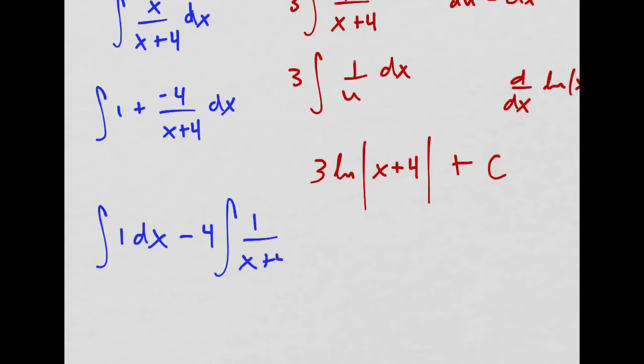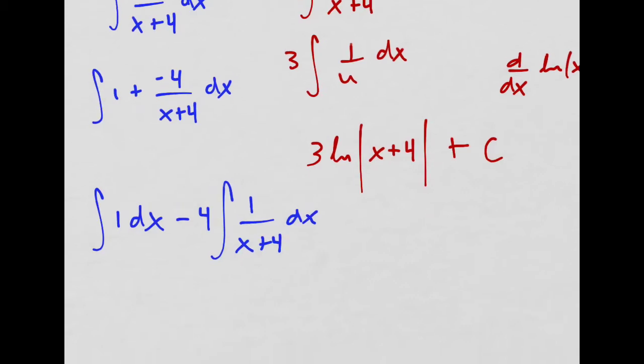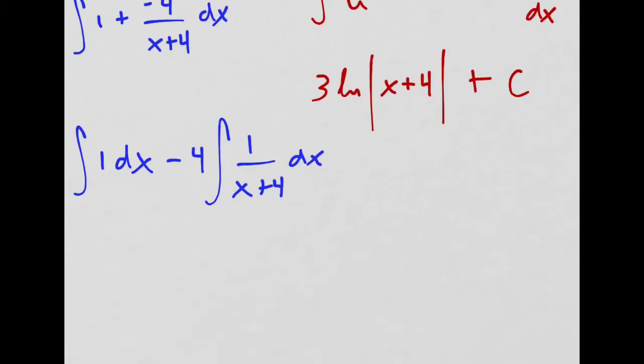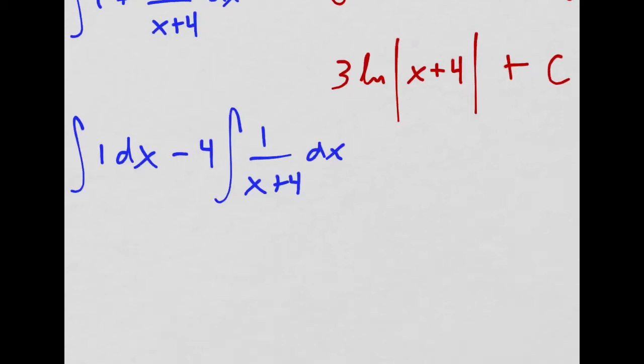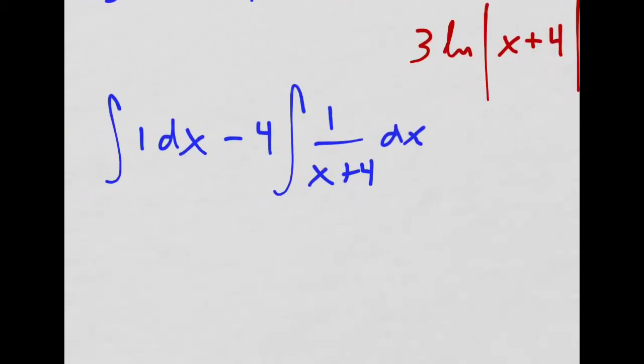Look at that. So now I can just do this rather simply. That's just x plus c normally, and then this I can use u sub, and you can try it if you don't believe me.